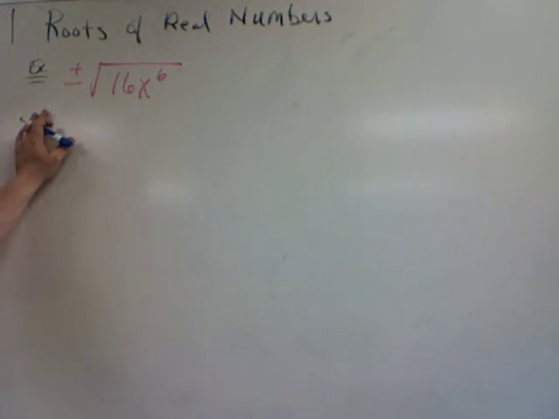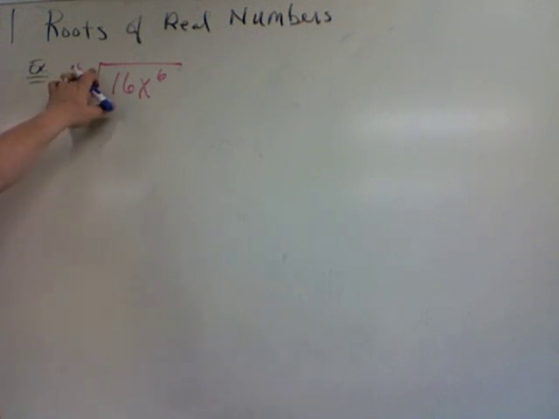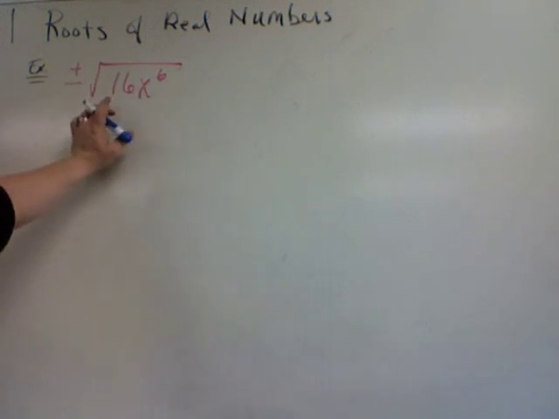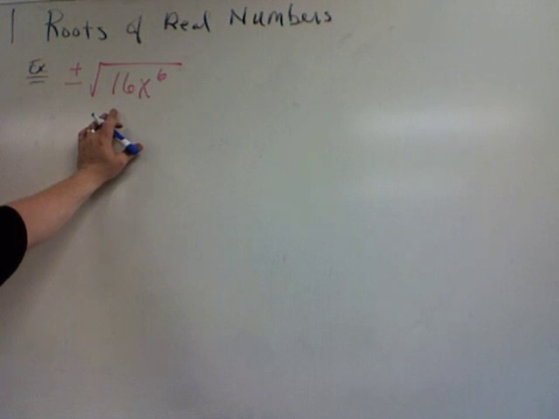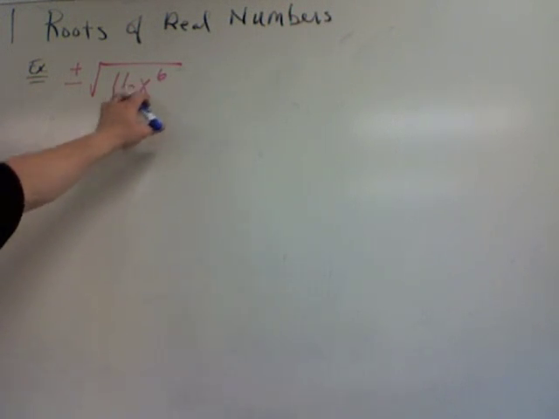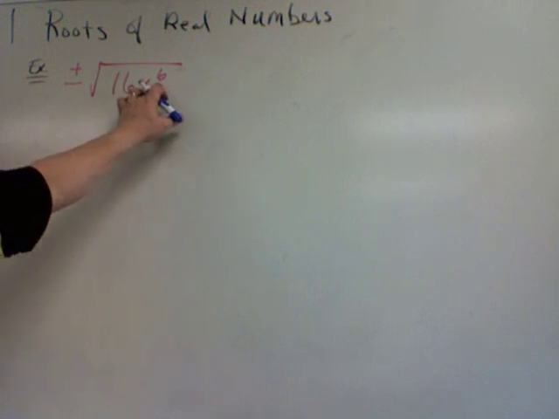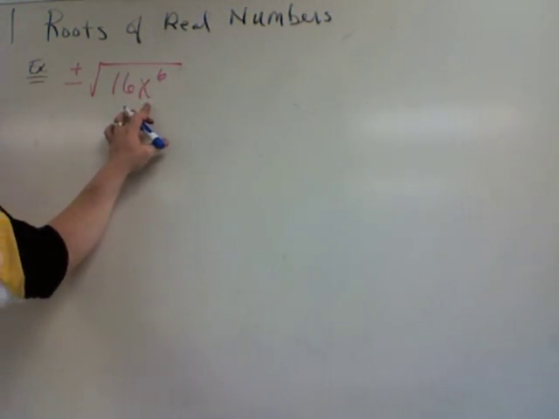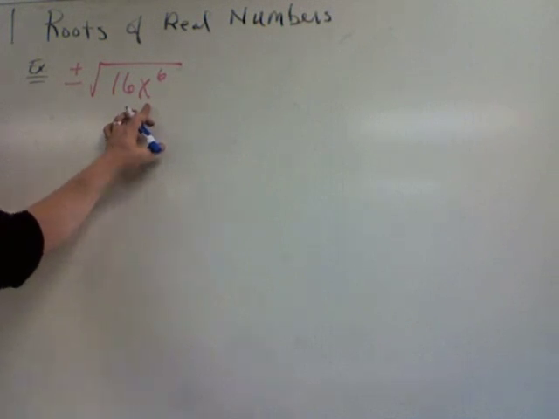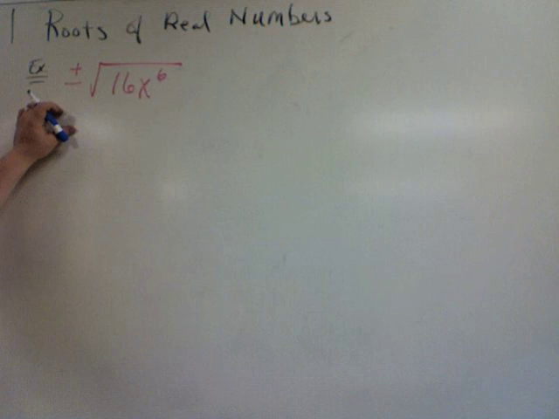Especially when the nth root is even, everything in here is going to be positive or greater than 0, because whether x is negative or not, you're taking it to an even power, so that's going to be a positive number no matter what. So this will just tag along no matter what.